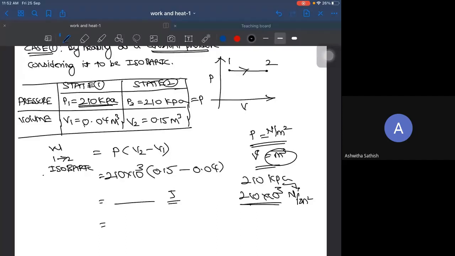23.1 kilojoules. So can I take it as 23.1 into 10 to the power of 3 joules? After that, I can write 23.1 kilojoules. Is the value correct and is it the same for everyone?